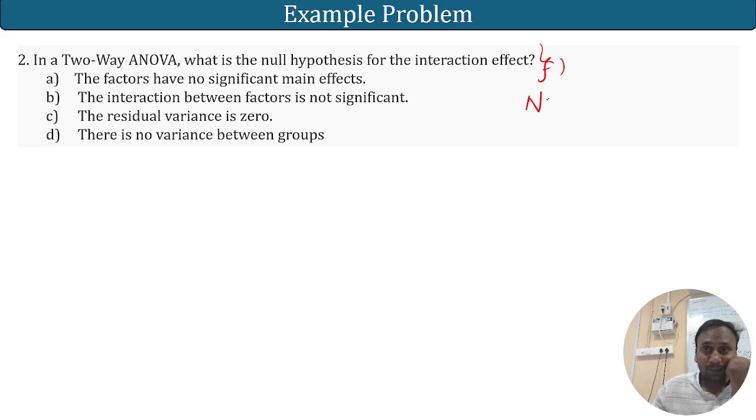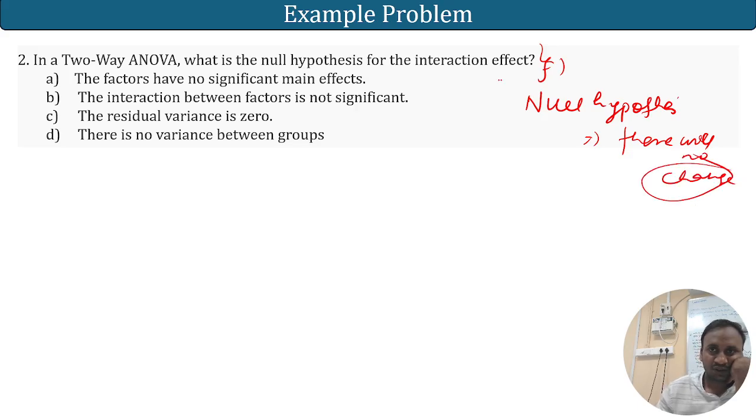The idea of a null hypothesis is that there will be no change. They are asking about the interaction, so that a factor has no significant main effect is not the correct answer. If it were asking about a factor or main effect, this would be the correct answer. So this can't be the correct option.